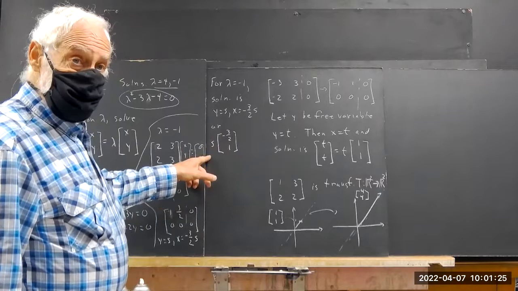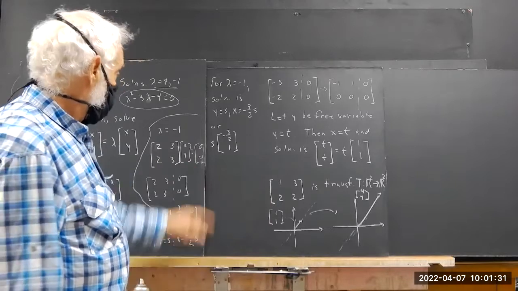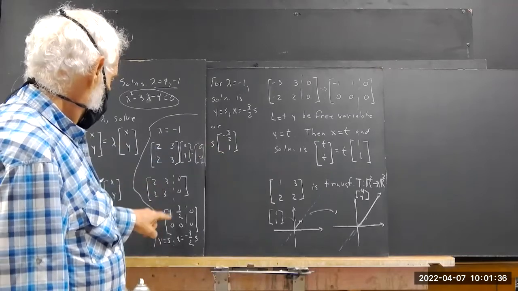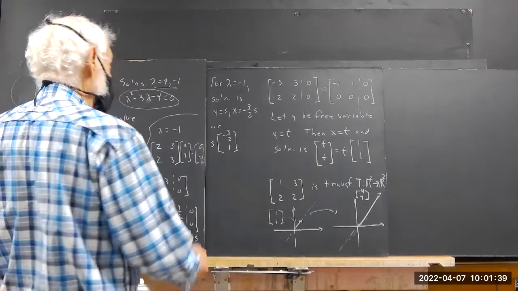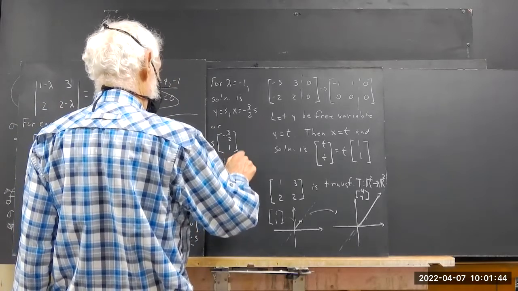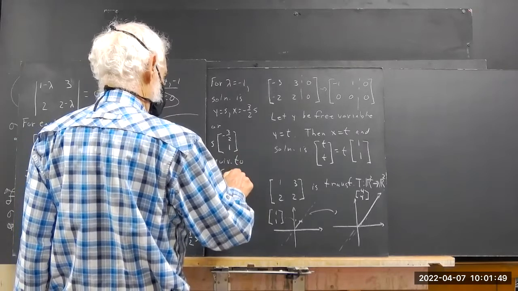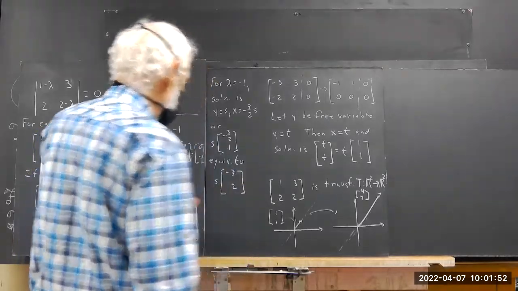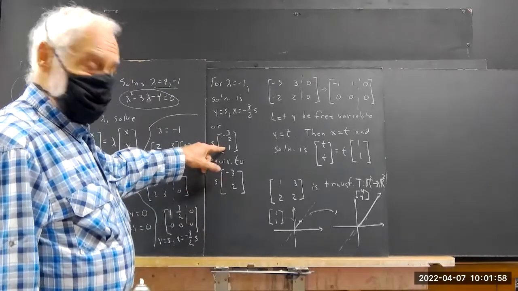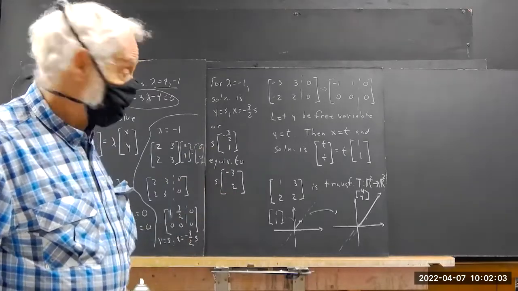Well, s is an arbitrary constant. And this is equivalent to, well, let's just let s be twice as big, then we get [negative 3, 2], which of course we could have gotten out of this pretty easily. I'm just going to write that without comment. It's a multiple of this, and a multiple of this is a multiple of this. It just will be a little different.